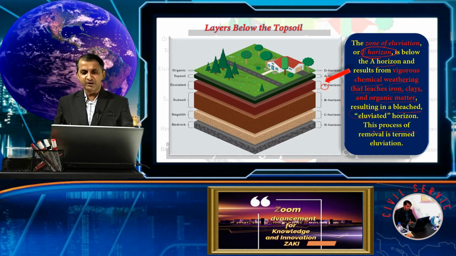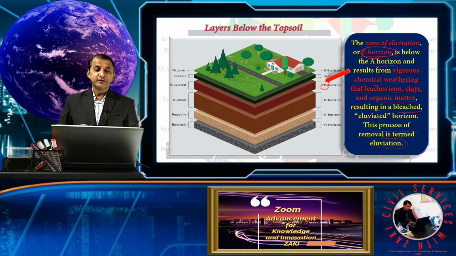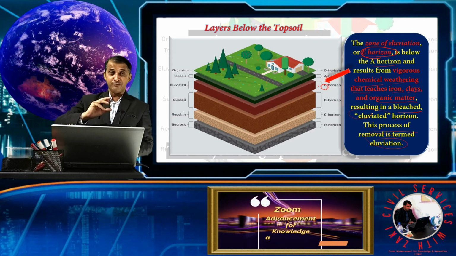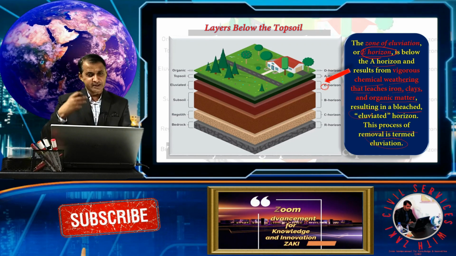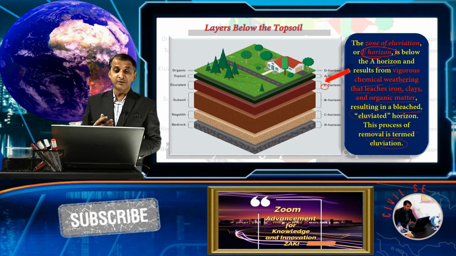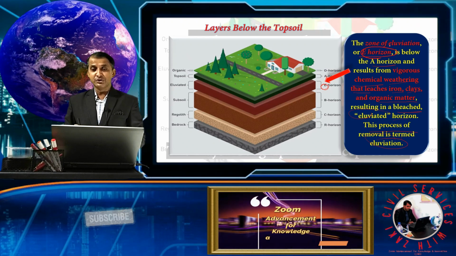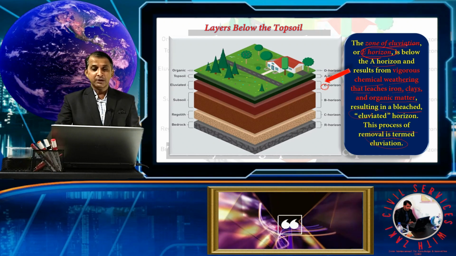This process of removal is termed eluviation. This layer is very significant for the mixing and leaching in this area. So that's why it is called the zone of eluviation.